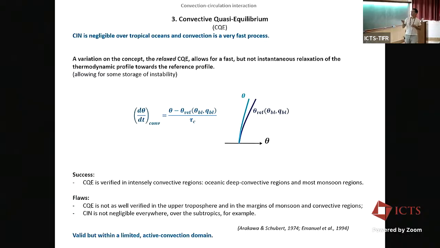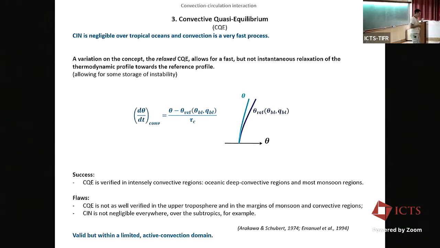In terms of mathematics, it's much easier, right? You just try to get your profile back to the reference profile for the value of humidity and temperature that you have in the boundary layer. So it's probably slightly more physical and a little easier to implement.